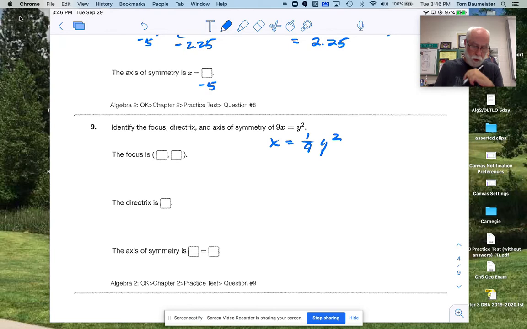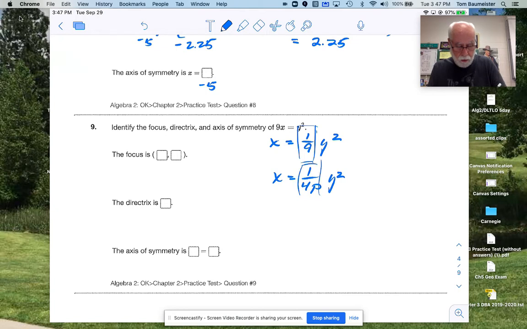If we recall, our formula was x is equal to 1 over 4p y squared. So 1 over 4p is equal to 1 over 9. Like one of the first problems I did for you on section 2.3, we can take the cross products.